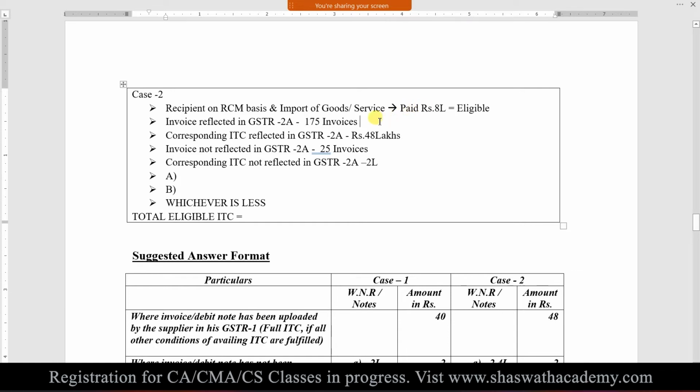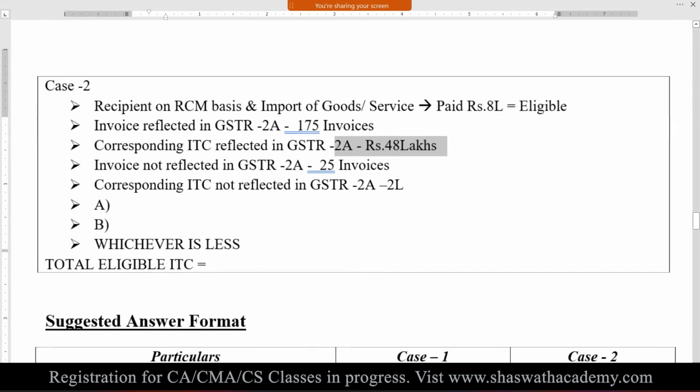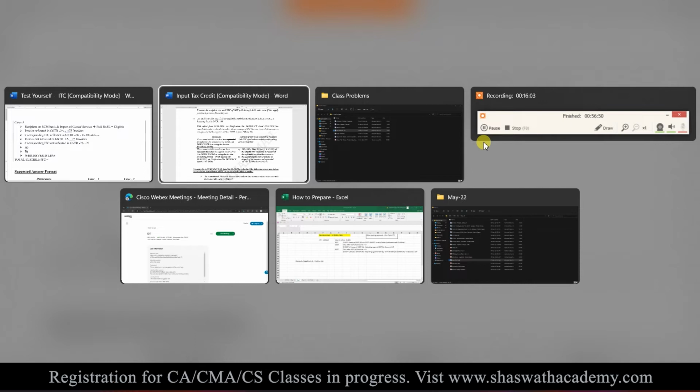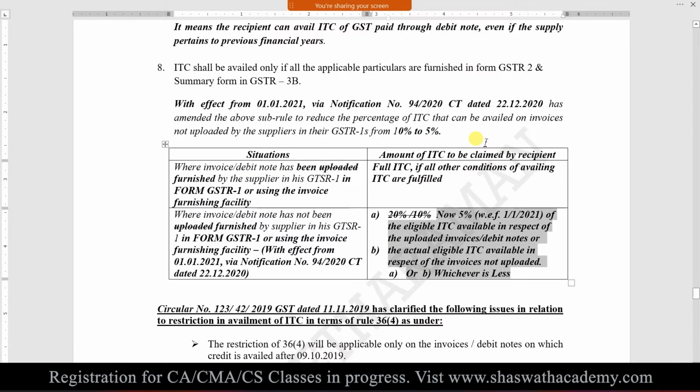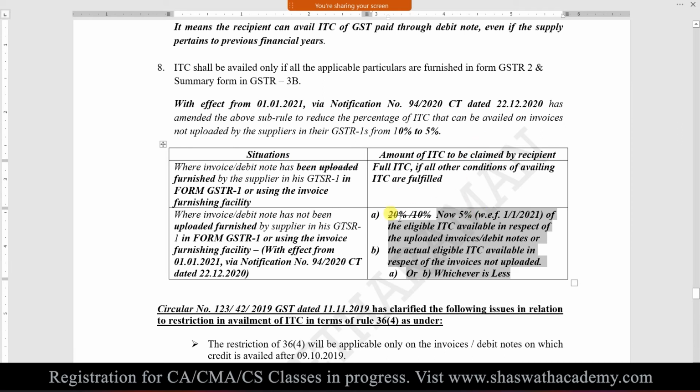So let's say 175 invoices got reflected, for which the reflection is 48 lakhs. My dear brothers and sisters, think for a minute. 48 lakhs is reflected. That means how much should I be eligible for? Look at this. With respect to invoices furnished in GSTR 1, full ITC if all other conditions are fulfilled.